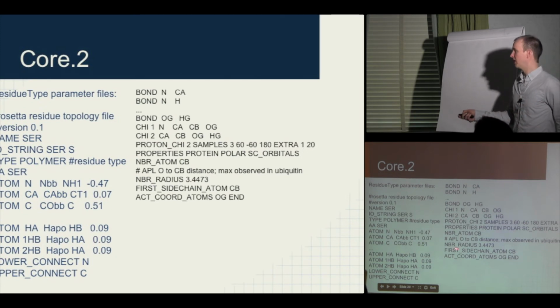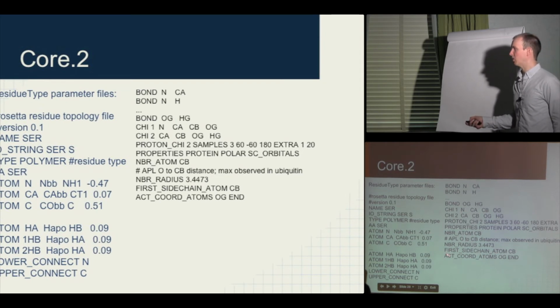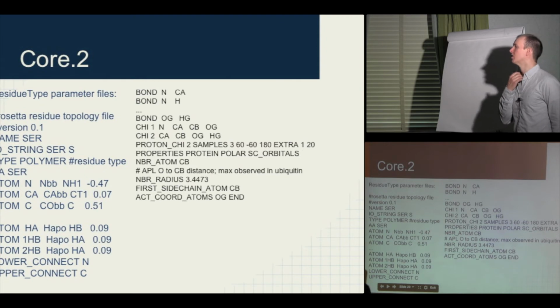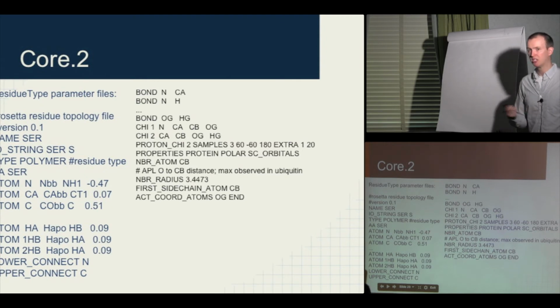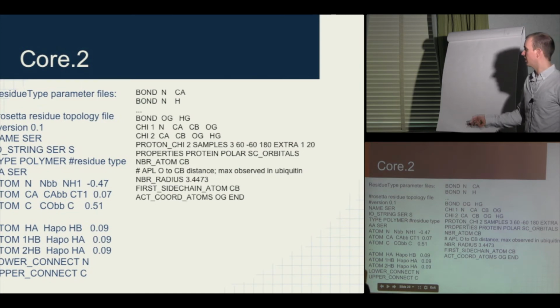And then you need to have a radius that is computed so that under all dihedral angle assignments to this residue type, no heavy atom is further than this distance away from your neighbor atom. And then you also have to identify which one is the first side chain atom. In this case, it's C beta. And then for our polar coordinates, for our FA pair potential, we have to identify the action coordinates. So that's encoded here, which is just, in this case, O gamma.